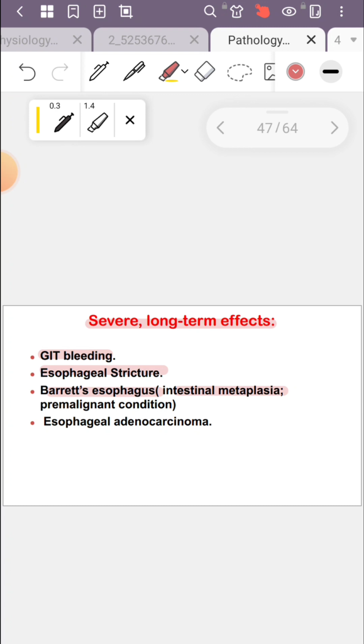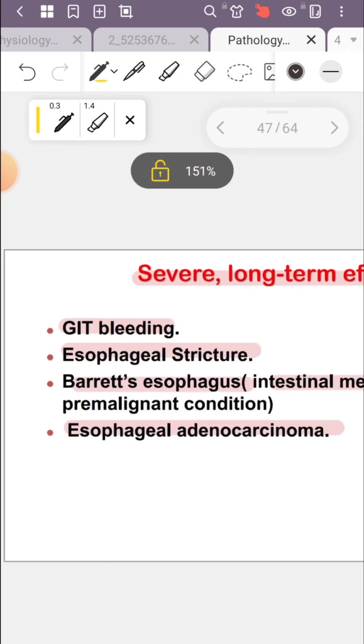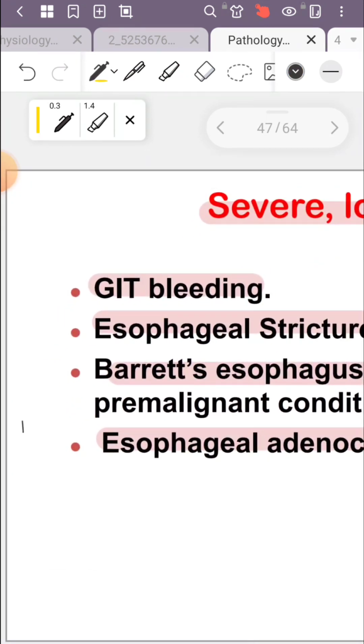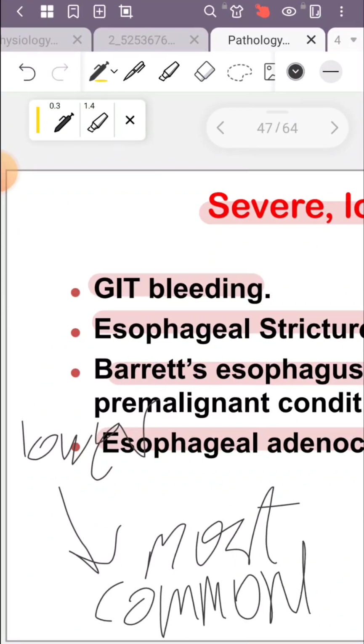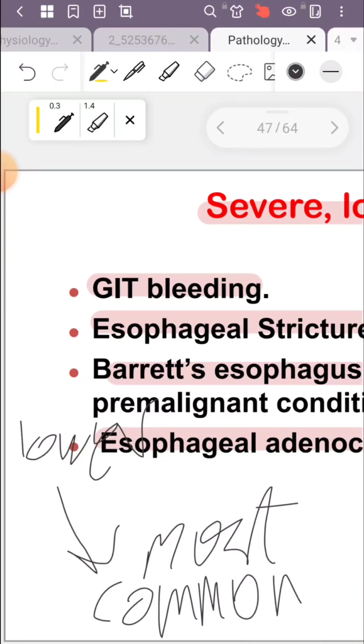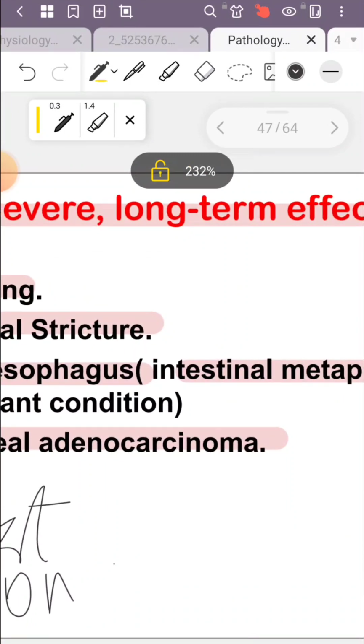Most common type of esophageal cancer is lower esophageal adenocarcinoma, complicating Barrett esophagitis, whereas worldwide the common cause هو squamous cell carcinoma, affecting the middle part or the upper part، هذا بالother part of the world اللي هو squamous cell carcinoma.